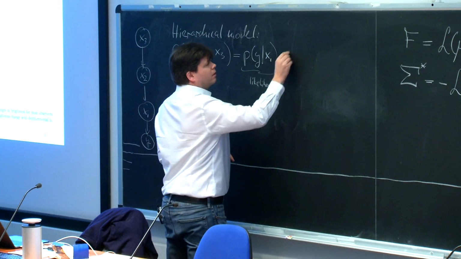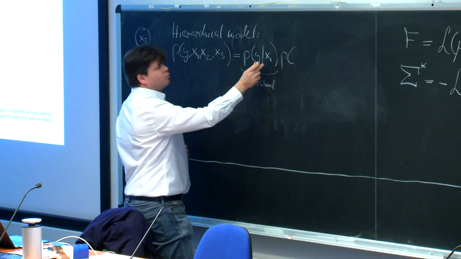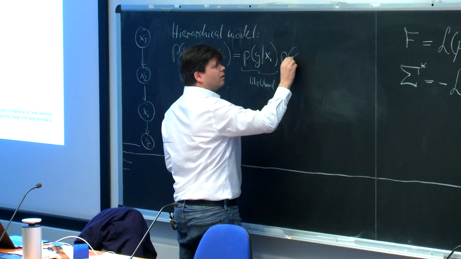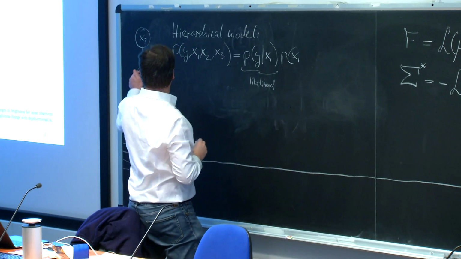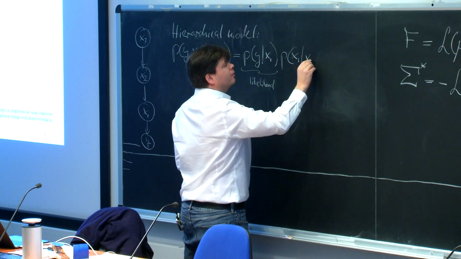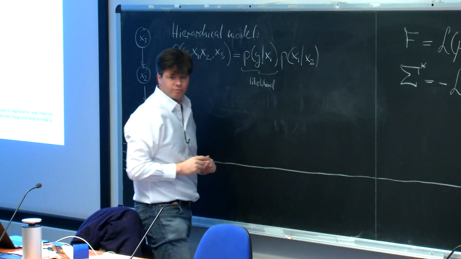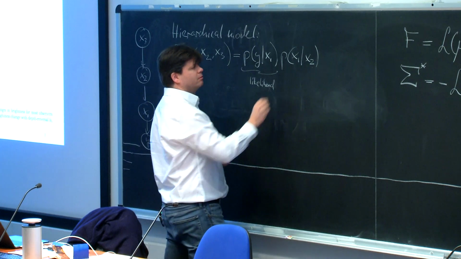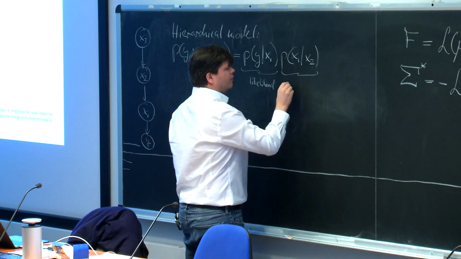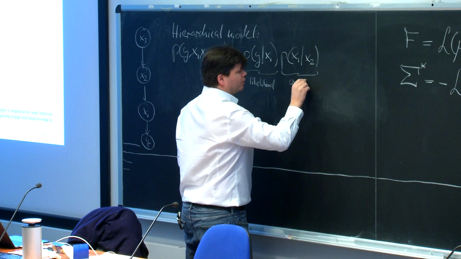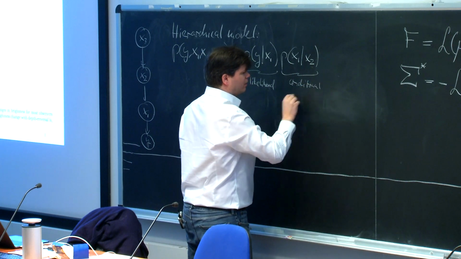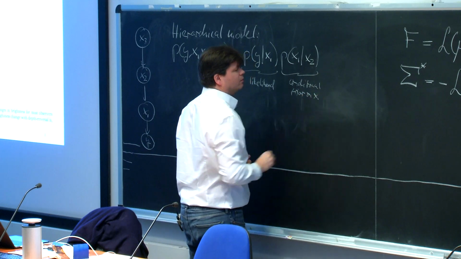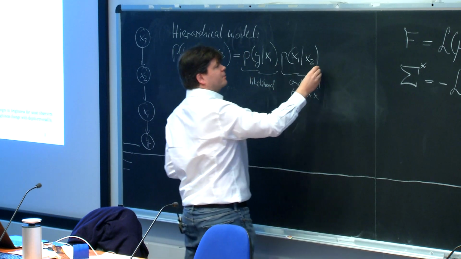Now, basically, what we need here is a prior on x1. But x1 itself depends on x2. So the prior is now a conditional distribution. So we can call this a conditional prior on x1. And then the same happens to x2.